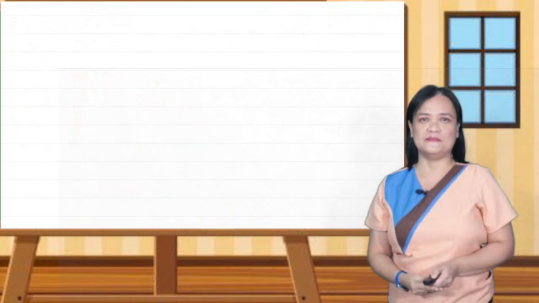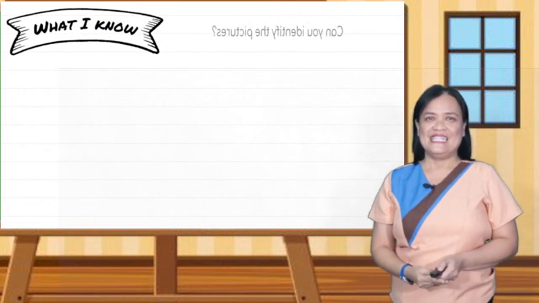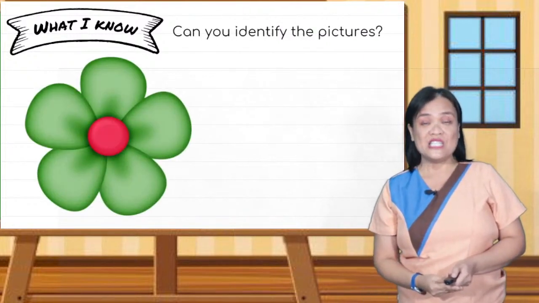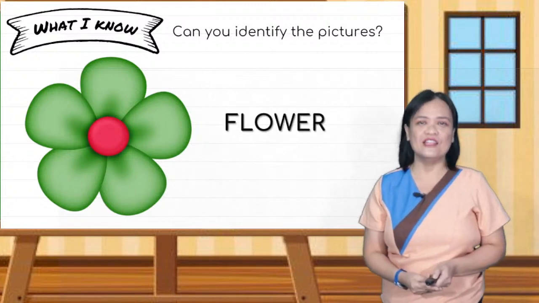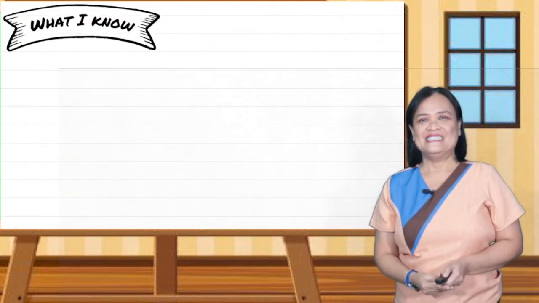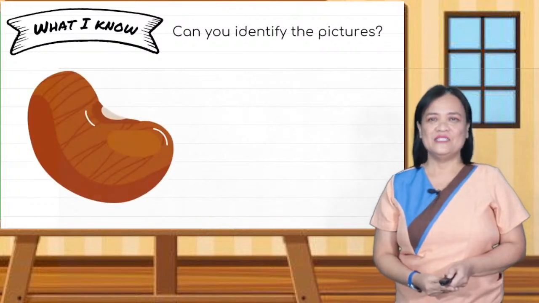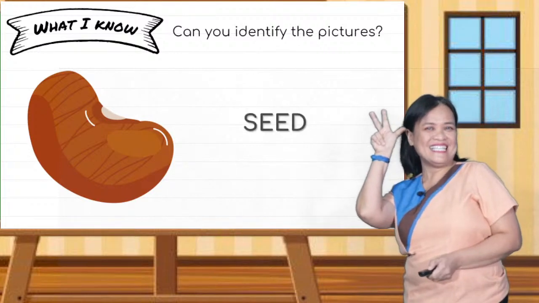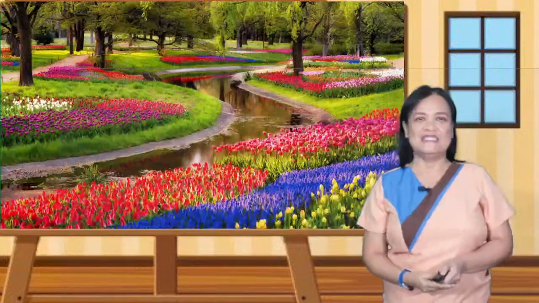The next one. 1, 2, 3. It's a flower. You're correct. And what's this? 1, 2, 3. Siyempre, may pakit-kit. Seed. Yes, you're right.